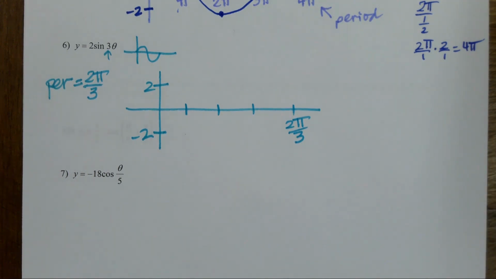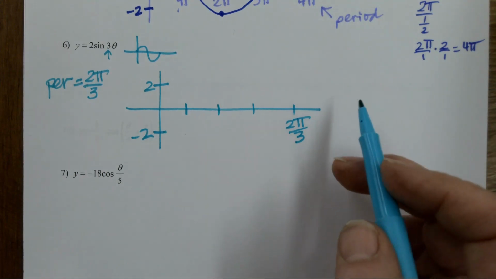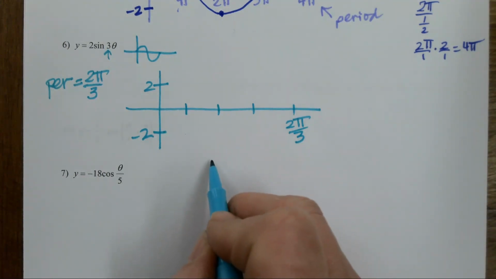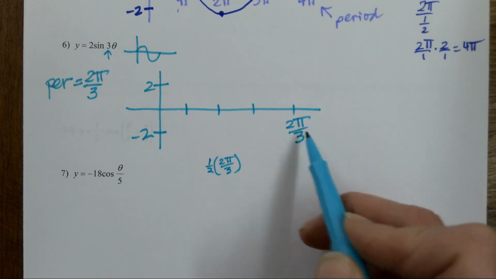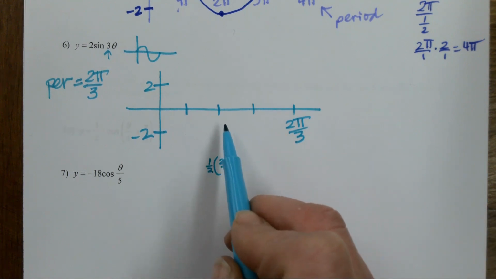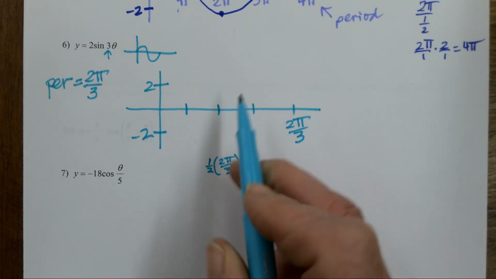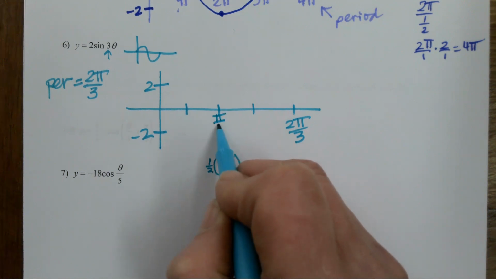Again, before, when I had some of those numbers, it was pretty easy to cut in half and cut in half and count and move. And now it gets a little bit more difficult to cut in half. But remember, to find your halfway mark, all you have to do is take half of whatever the period is. Well, I double the denominator when I cut it in half, so that's 2 pi over 6, and then I reduce it, so that would be pi over 3.